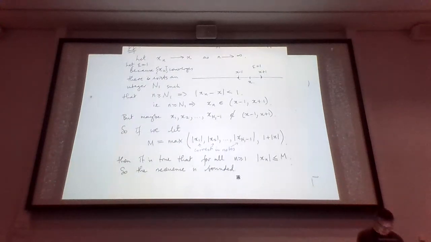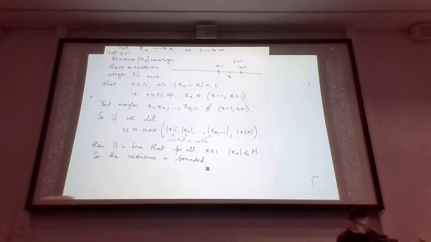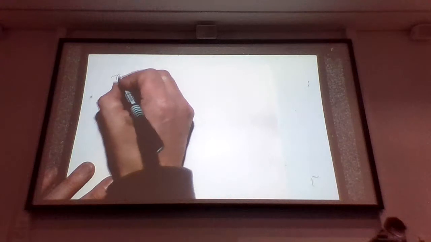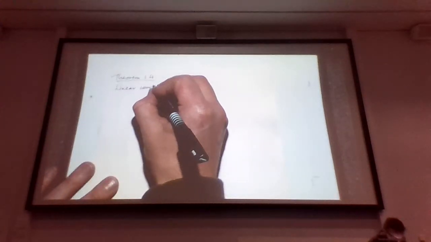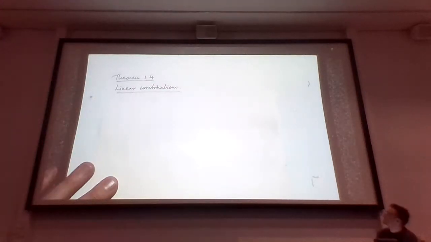Let's go for algebra of limits. Now it comes in 3 parts, so we'll prove each one separately. The first one is the linear combinations version. And what are we working with?